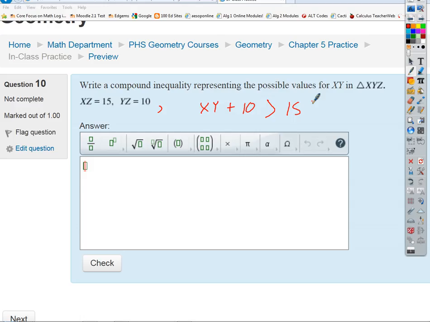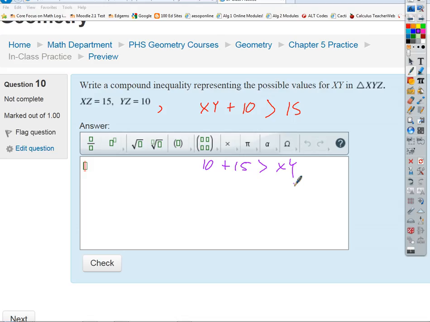That XY is big, but it can't be 1,000, right? It can't be too big. So what if it is the biggest side? What has to be true if it's the biggest side? Then the other two have to be greater than it, right? Good, so we could say then also 10 plus 15 has to be greater than XY. Those two things have to be true at the same time.